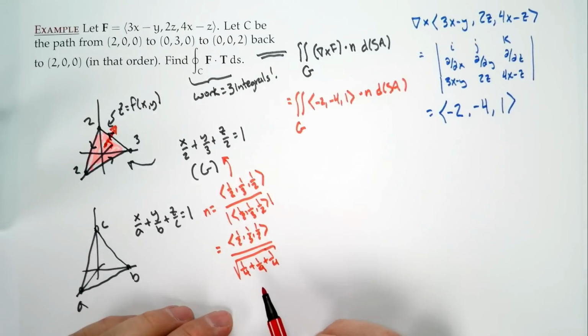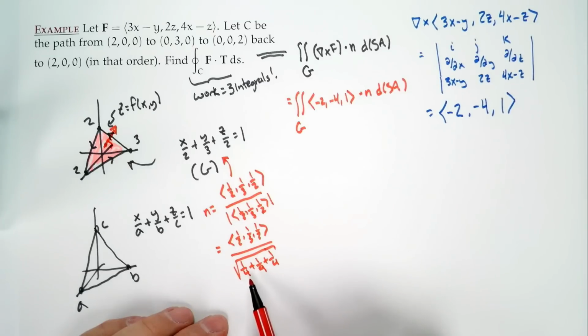Well, what does that turn out to be? If you add 4 plus, well, get a common denominator of 36, then you get 9 plus 4 plus 9.